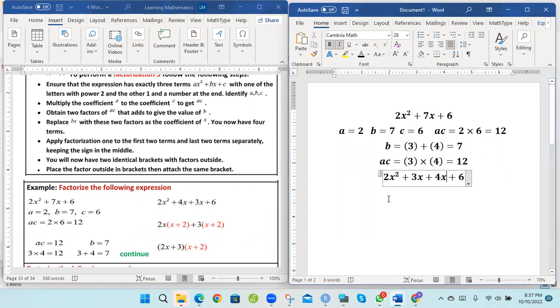Isn't 3x plus 4x 7x? Yes, we just expanded 7x. So now we have 4 terms. Now we're going to apply factorization 1 to the first 2 terms and the last 2 terms separately, keeping the sign in the middle.